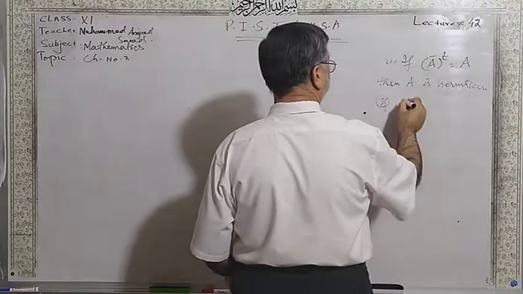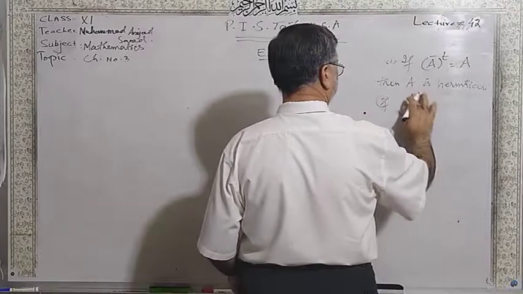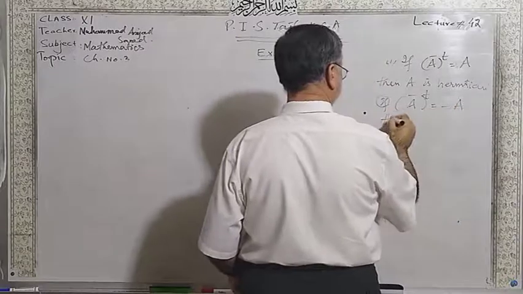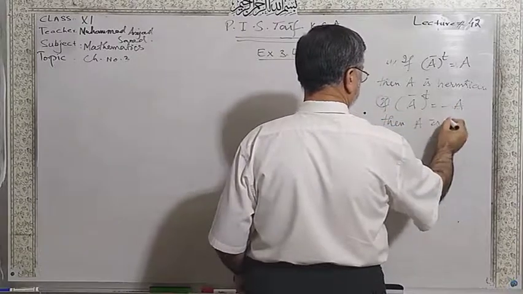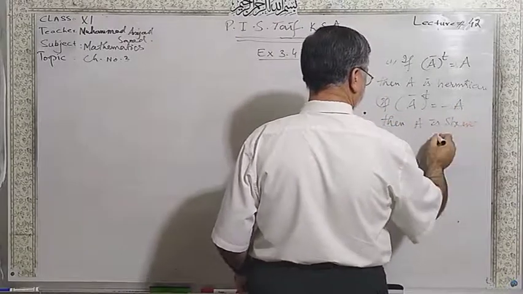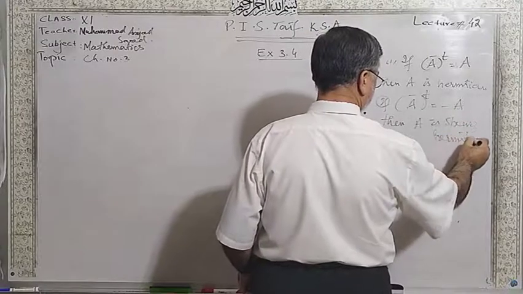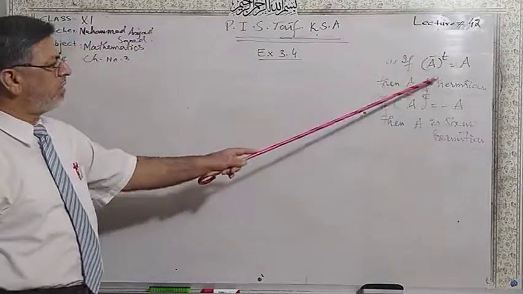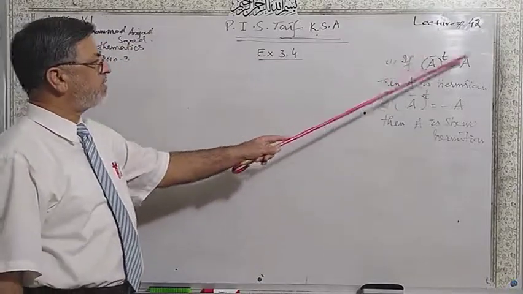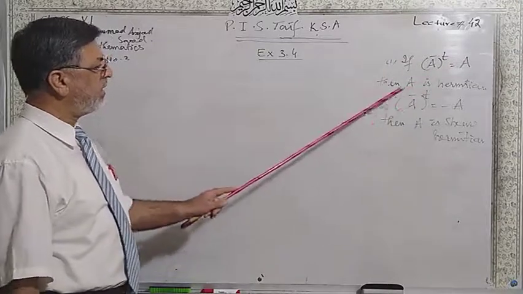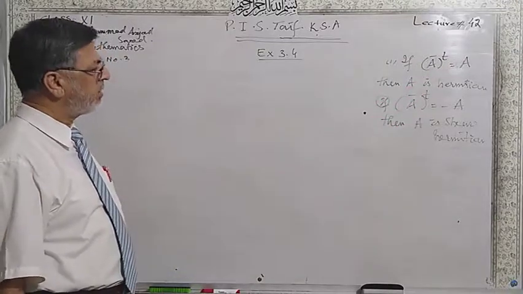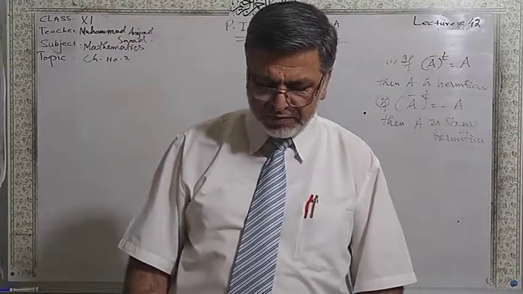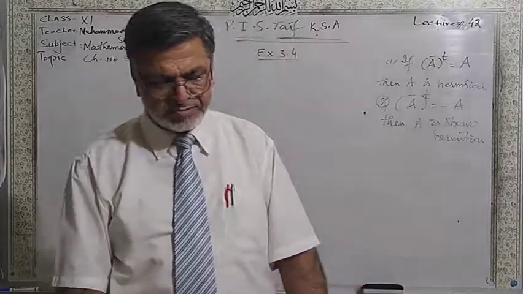And if A bar transpose is equal to minus A, then A is skew Hermitian. This is the formula for Hermitian matrix. By using these ideas, we will solve our question number 6.